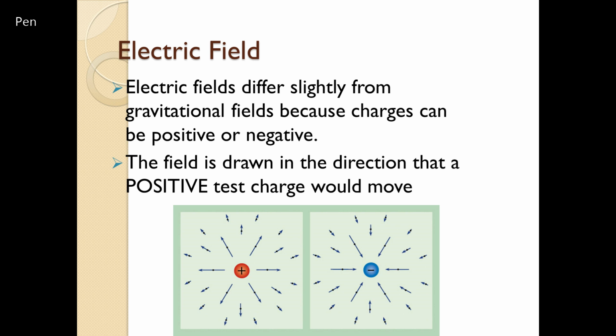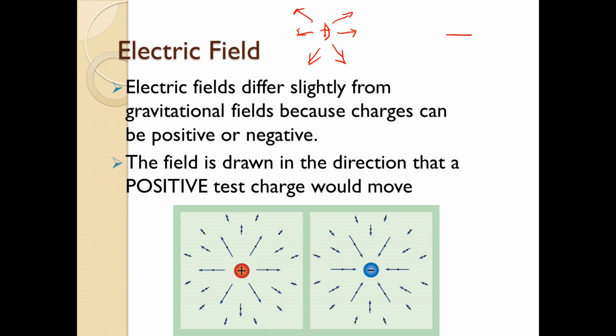A mnemonic that I've used in the past for remembering this is that the positive charge kind of looks like a bow and arrow. From the positive charge, the bow shoots arrows, and so the arrow goes away from the plus sign.